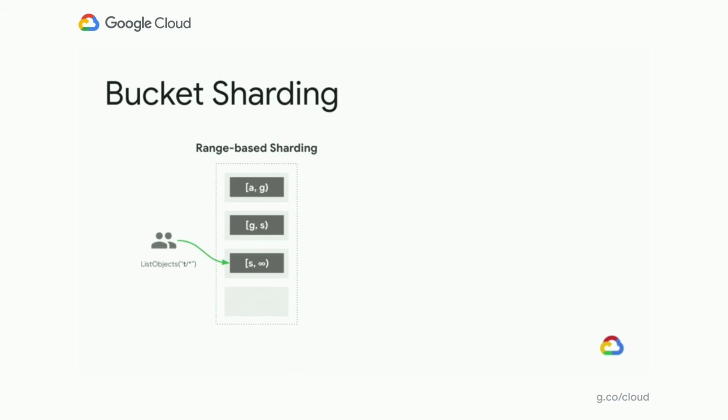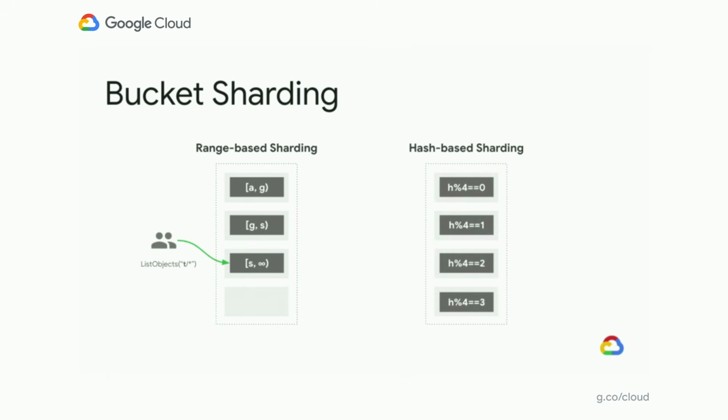objects starting with T. Now consider an alternate sharding strategy, which is called hash-based sharding. Here the shards are assigned to servers based on the hash of the object name. This distributes the objects all over the place. But the same listing operation would now have to look up every single shard.